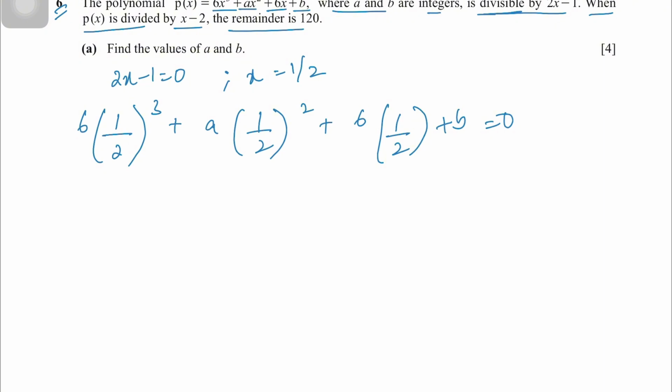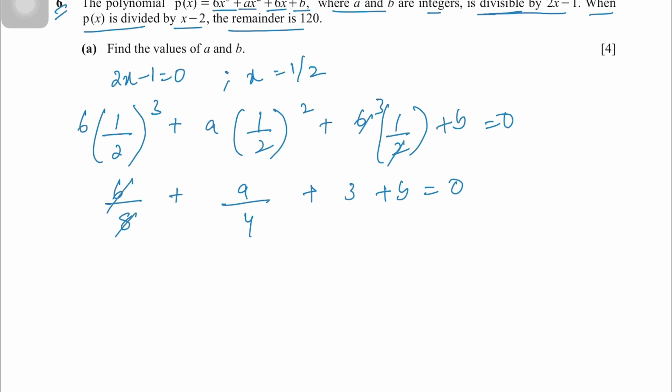Let's solve this first. So this would be 6 upon 8, and then this would be a upon 4. This would be 3, and then this would be plus b equals 0.